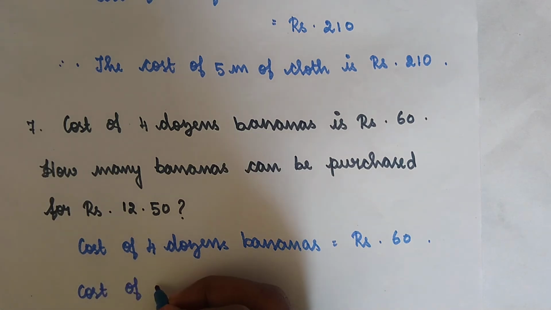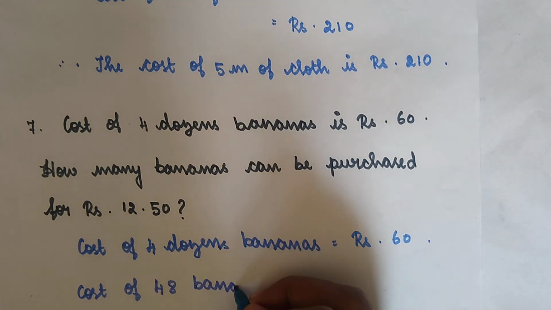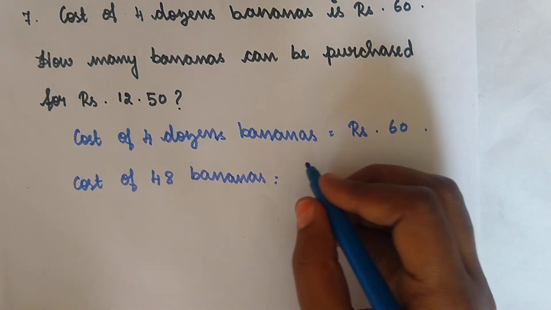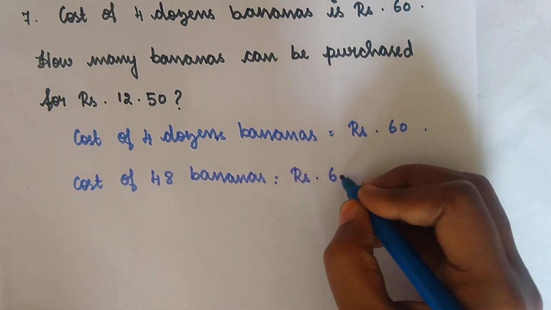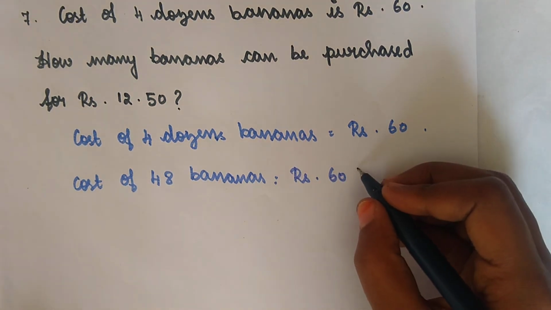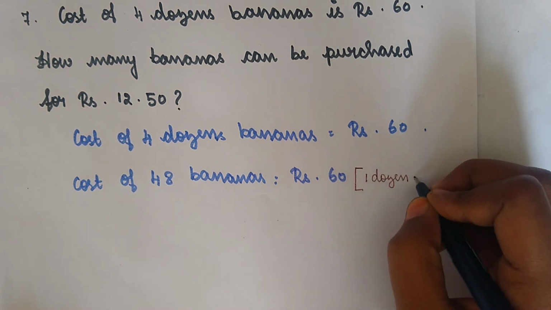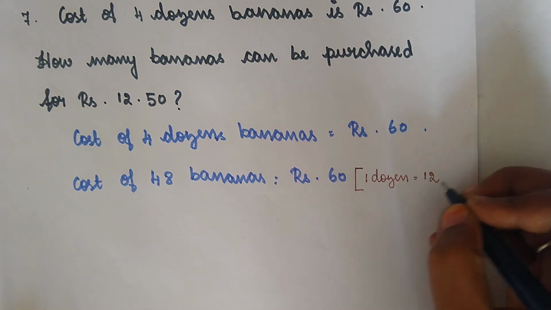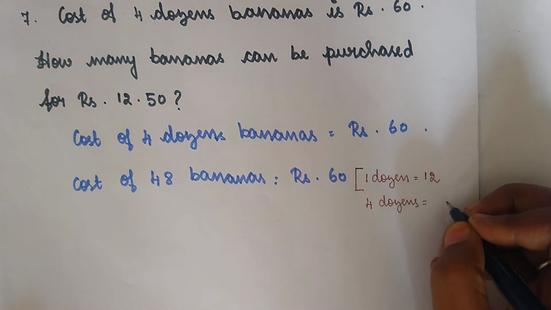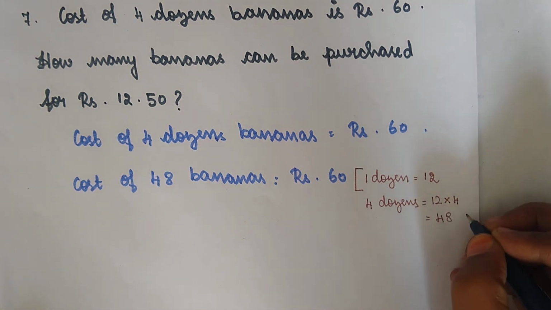The cost of 48 bananas equal to rupees 60. Write in bracket 1 dozen equal to 12. So 4 dozen means 12 into 4 equal to 48.